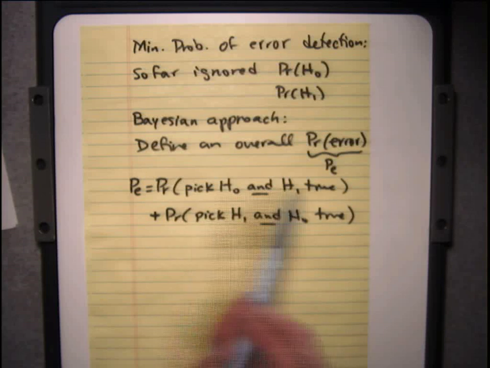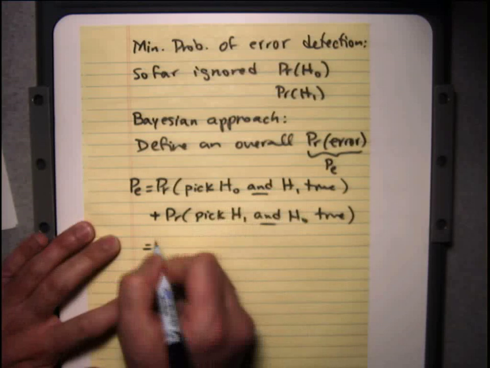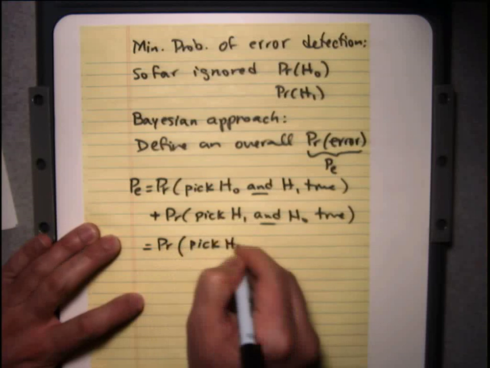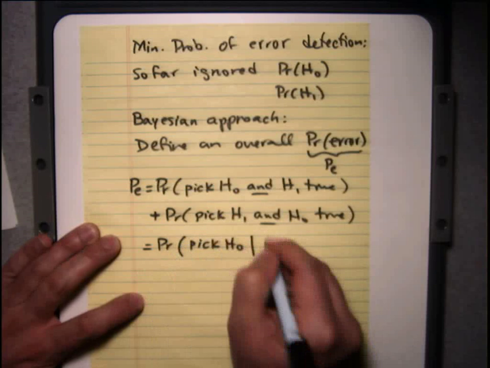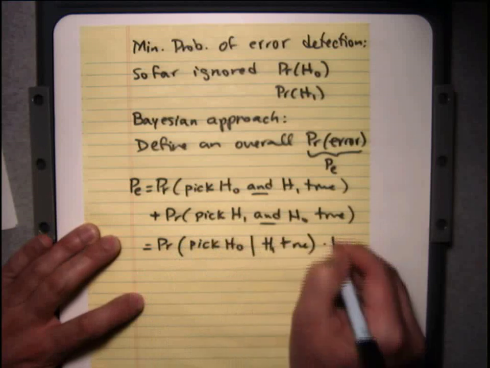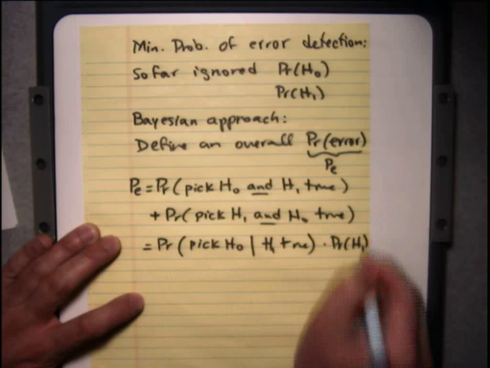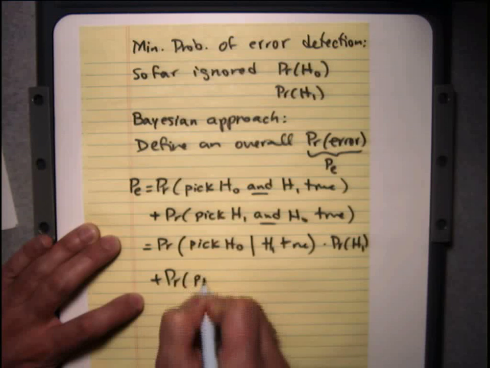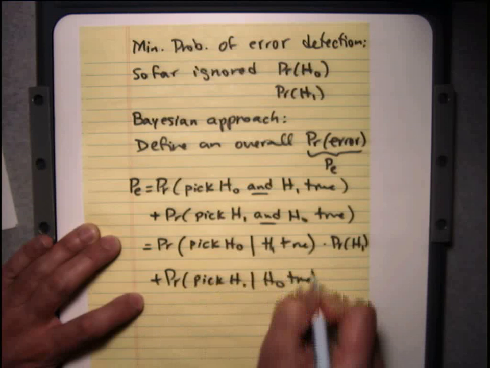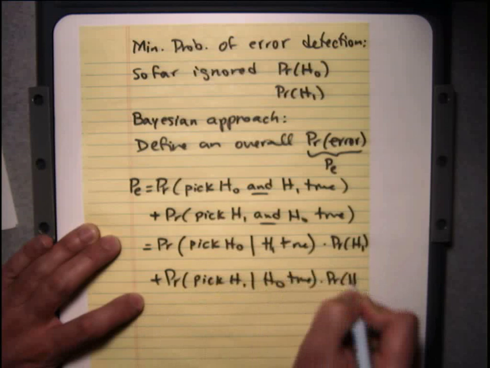I can now write these two in a slightly different way. I'm going to use conditional probabilities. The first one is the probability of picking H0 given that H1 is true, times the probability of H1 being true, plus the probability of picking H1 given H0 is true, times the probability of H0.